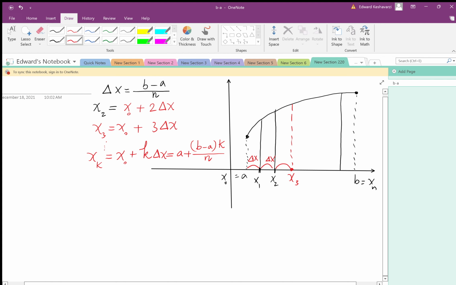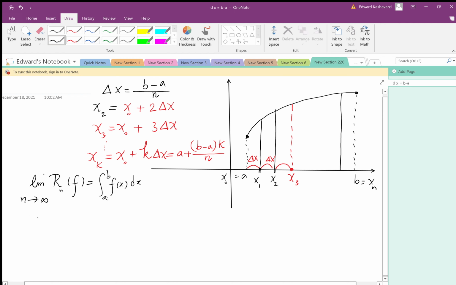Also, we already know that according to Riemann integral, the limit of right Riemann sum, when n goes to infinity, becomes the exact definite integral from a to b. So it means limit of Rn f as n goes to infinity becomes integral from a to b f of x dx.